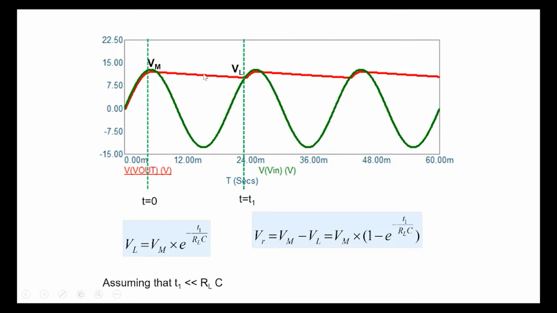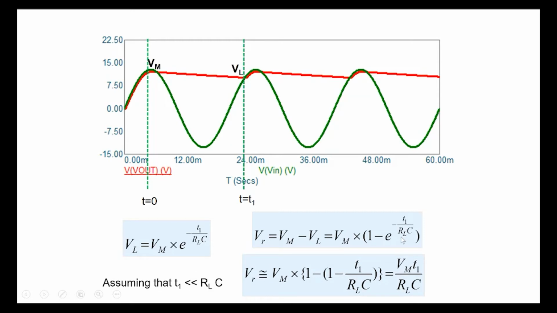And because normally the design is done in such a way that the time constant RLC is very, very large compared to this time period here, because we don't want the capacitor to discharge in a significant manner here. And so this condition is most of the time true, which allows us to basically expand the exponential here.